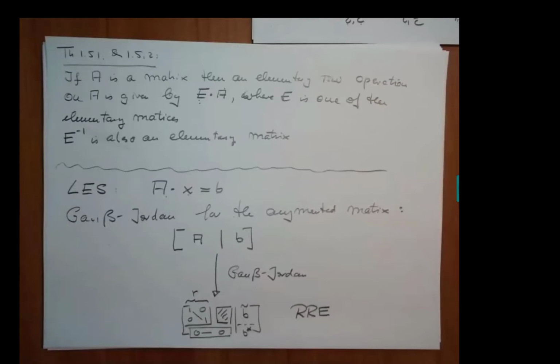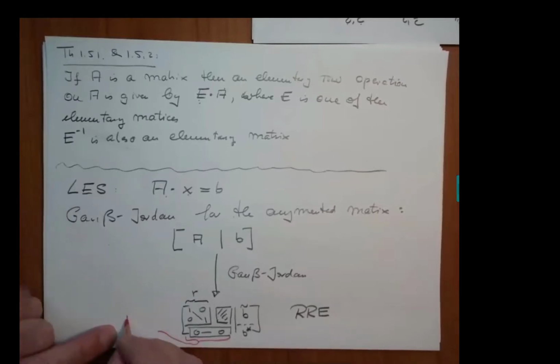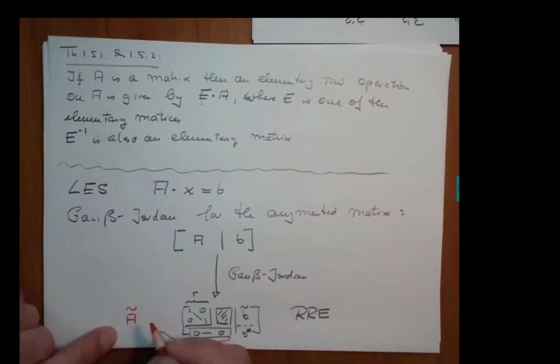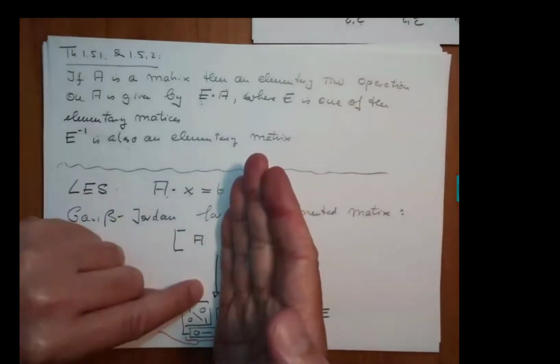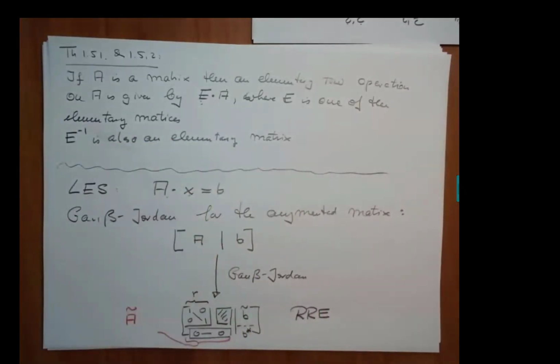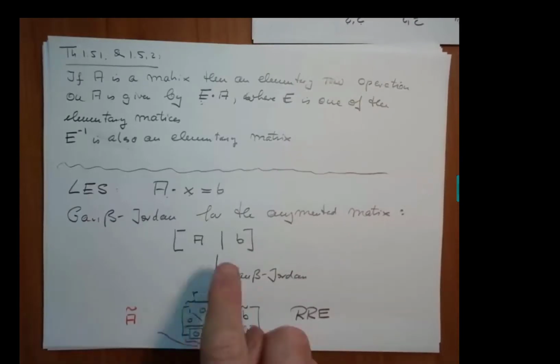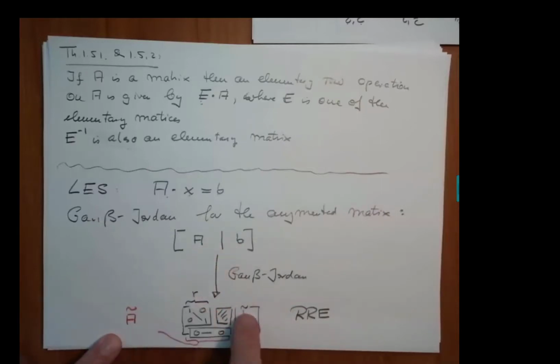And just to make really sure what I mean by this matrix here, okay, sorry, I like to call A tilde. So A tilde is the reduced row echelon form only from the A part. And on the other side, I have the B part. Yeah, is this clear what I mean by this? So you write the augmented matrix, run your Gauss algorithm, and you end up with something like this.